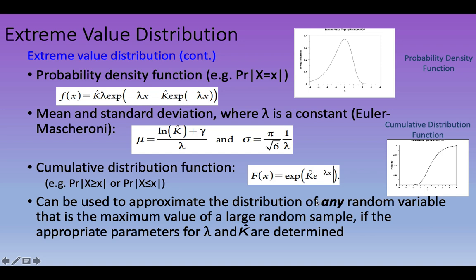In this case, what we're approximating is the distribution of the random variable that is the maximum value of a large random sample. In other words, what's the tallest woman of a group of 25, for instance, not that large of a sample, but you get the picture. It's going to be defined by two parameters, in this case lambda and k hat.